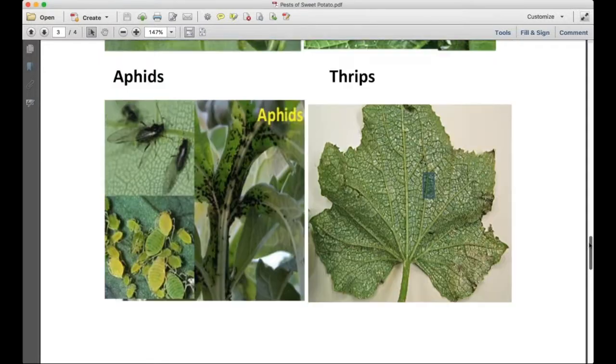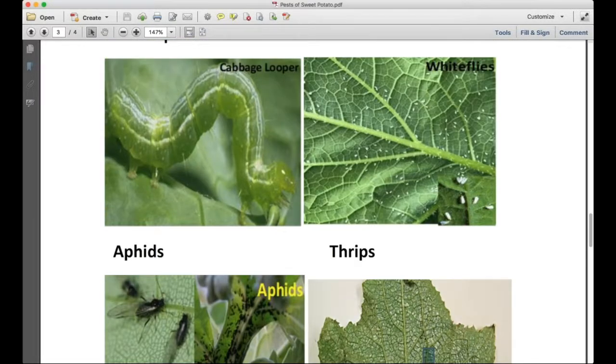So the major things would be the hornworms, the armyworms, the beetles, the loopers, and whitefly. Whitefly is the number one problem in sweet potato. As I was going through the literature, most of the varieties that were developed in sweet potato were developed for resistance to whiteflies.